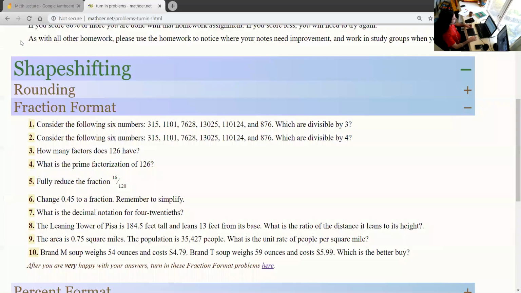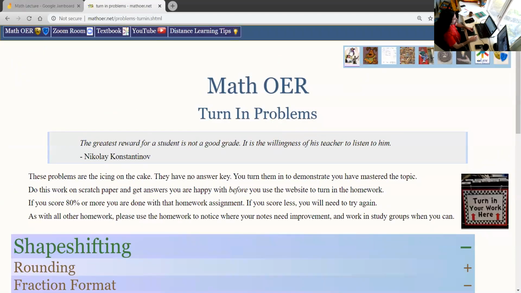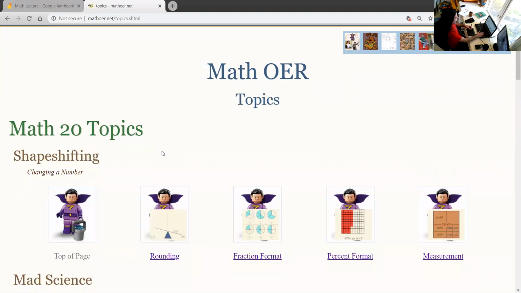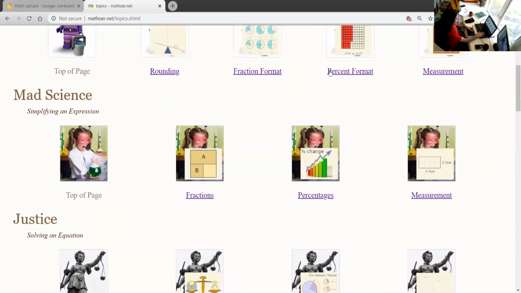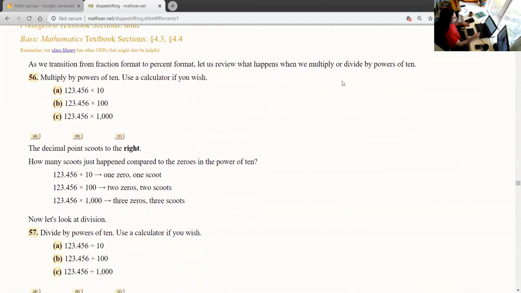No questions. Okay, so what we did so far with percents, I'm not going to talk about it because you would have asked questions if you wanted. But we started by talking about decimal point scoots and how when you multiply by powers of 10, the decimal point scoots to the right once for each 0.